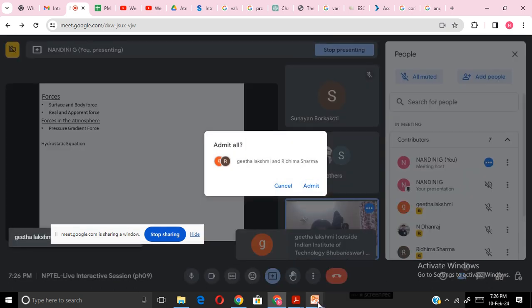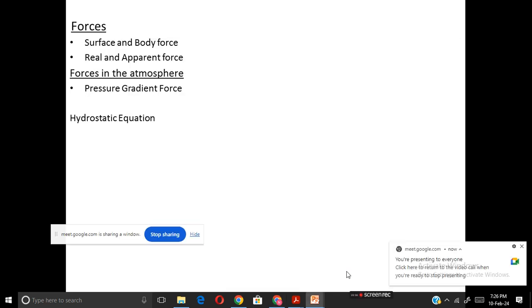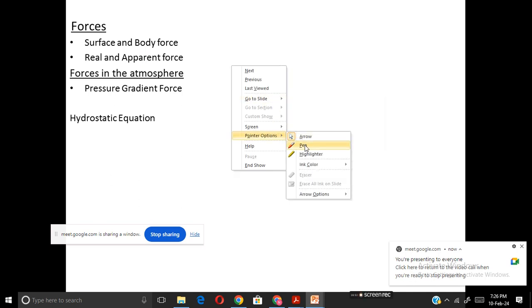Forces have been divided into two, surface and body force. Surface force acts on the boundary between two mediums or two different surfaces.